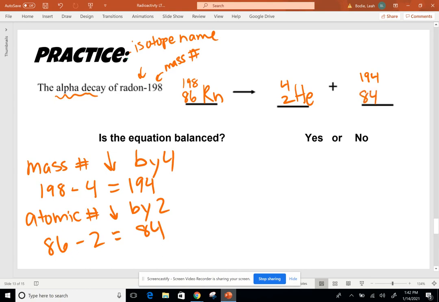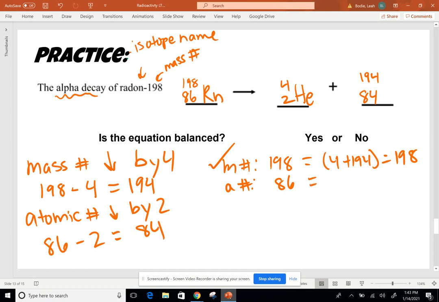Let's just quickly double check and make sure my numbers are balanced. So with my mass number here, started with 198. And then on the right side, I have 4 plus 194. Sure enough, that equals 198. Mass number is balanced. Let's double check the atomic number. I started with 86.